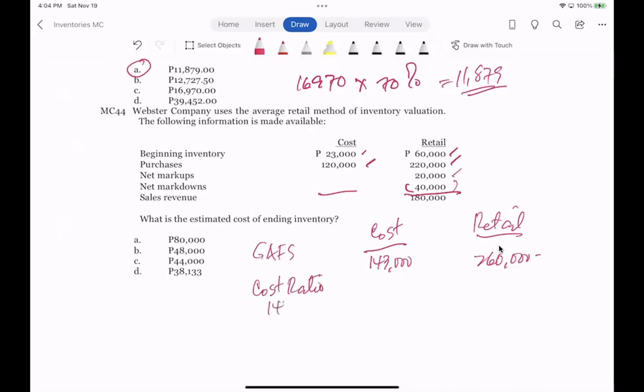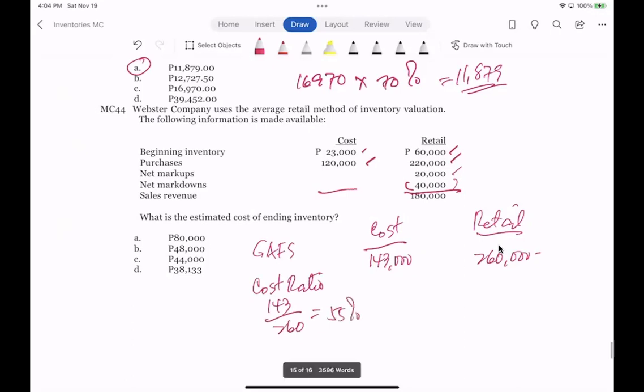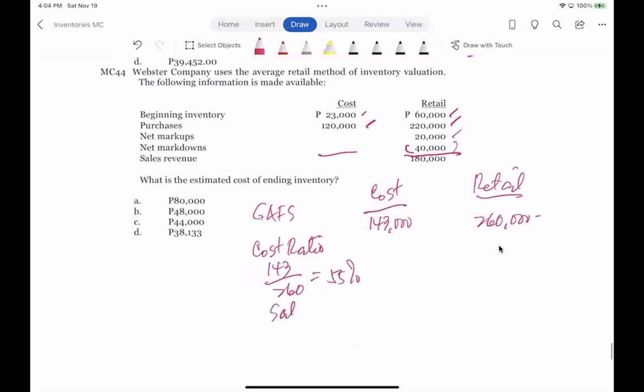Again, develop your cost ratio. Cost ratio is 143 divided by 260. So that is 55%. Minus sales revenue amounting to 180. Therefore, 260 minus 180 is 80,000.